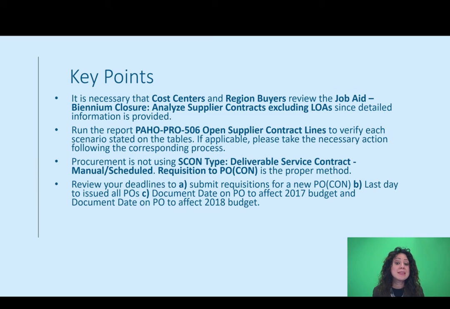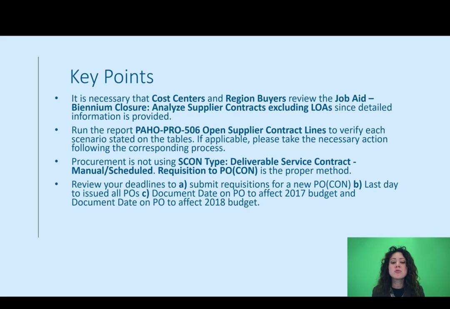You need to review the deadlines. Remember, the last day to submit requisitions for new POs, CONs. The last day to issue all POs or have all the supplier contracts approved is December 22, 2017.